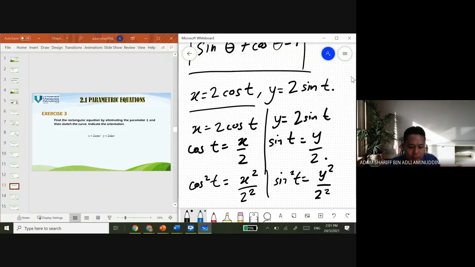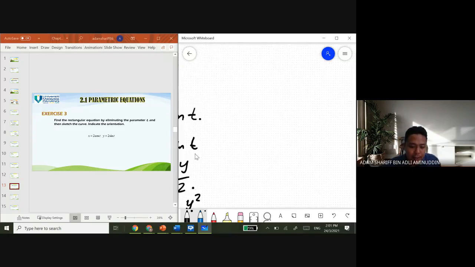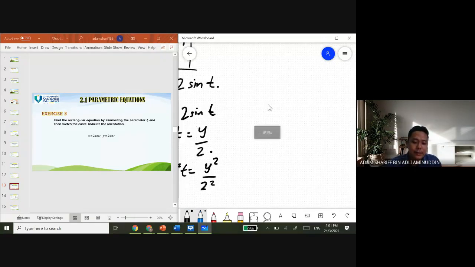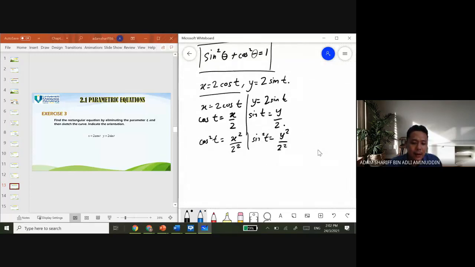And then I put into the equation of Pythagorean identity there. Okay. So saya tambahkan sin squared t plus cos squared t. X squared over 4 plus y squared over 4 is equivalent to 1.